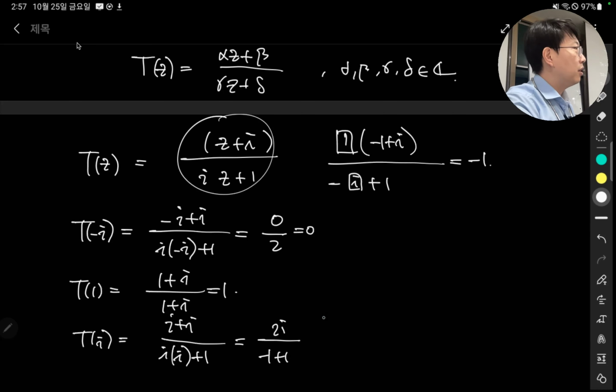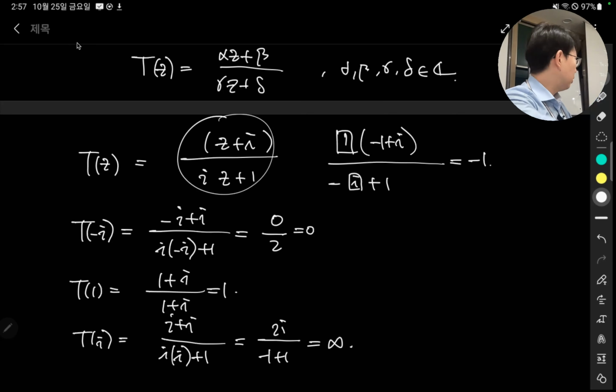So you have a 0 in the denominator. You will learn how to deal with this kind of thing in engineering math too. In the complex space, you sometimes consider a 0 in the denominator as equivalent to infinity, considering infinity is also a number. So we can say that minus i is mapped to infinity in this case.